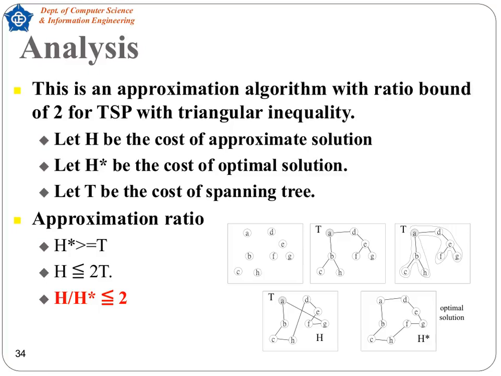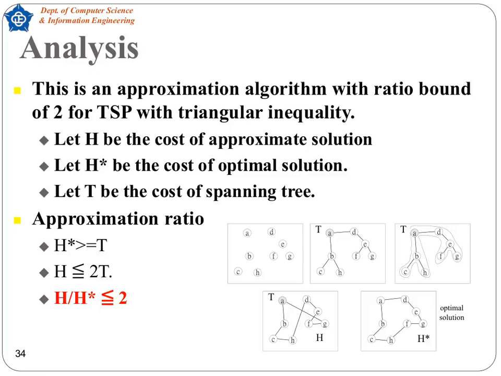Since every tour must contain some spanning tree, we immediately get MST(T) is less than or equal to OPT. Next, our algorithm doubles every edge of the MST to form an Eulerian circuit and then shortcuts repeated vertices. This guarantees H is less than or equal to 2T.